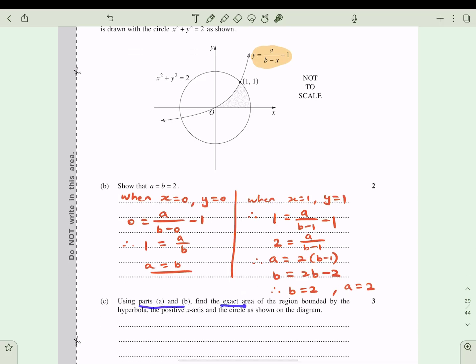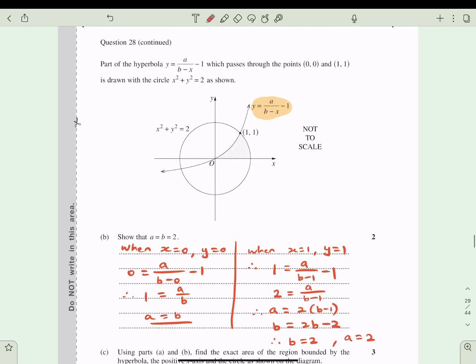Part C. Using parts A and B, find the exact area of the region bounded by the hyperbola, the positive axis and the circle as shown on the diagram. Before we start, we now know the equation of the hyperbola, so let's write that down first. y is equal to 2 over 2 minus x, minus 1.